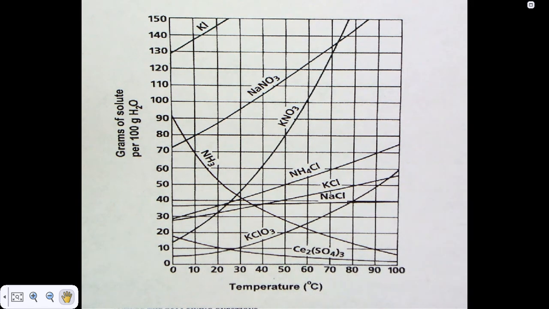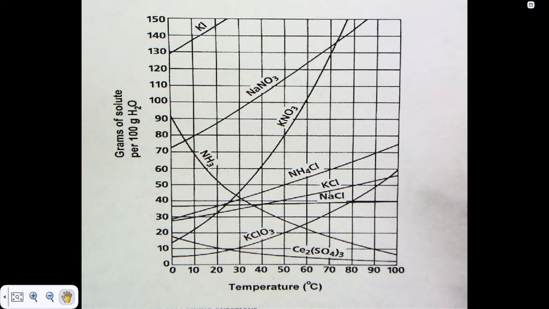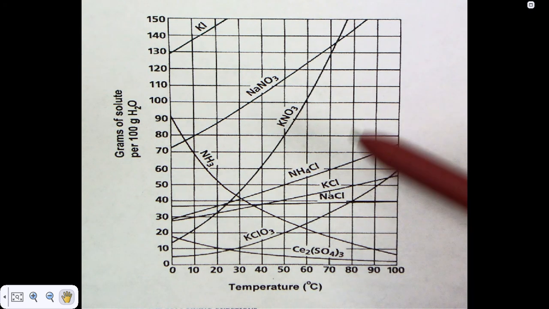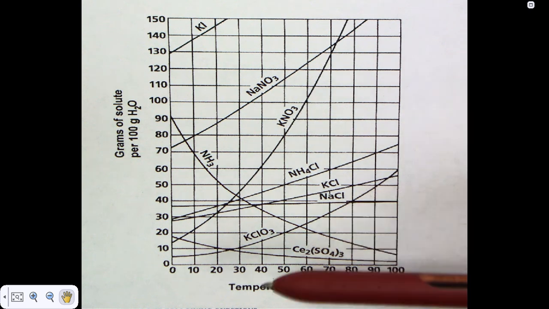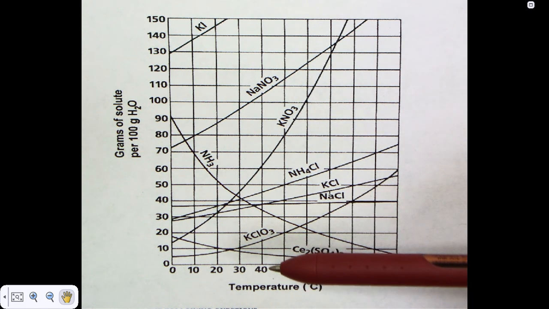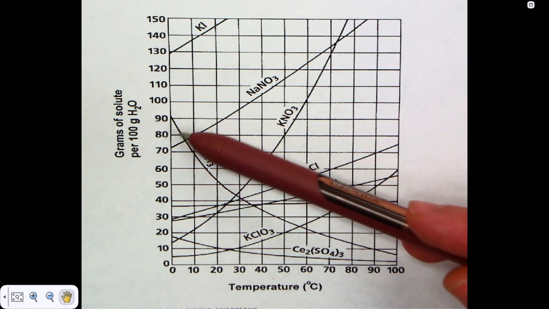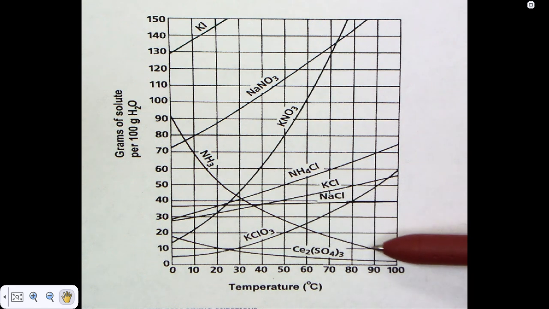Think about what we know about movement of molecules: gas particles move incredibly fast, and as we increase the temperature, we increase their rate of motion. So they're essentially harder to corral and shove into a liquid when they get hotter. And so the solubility decreases as the temperature goes up because they're just harder to control.